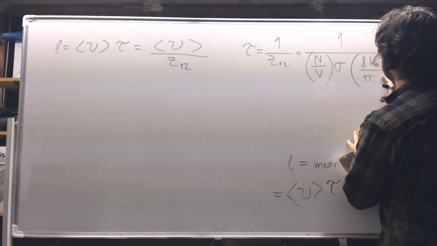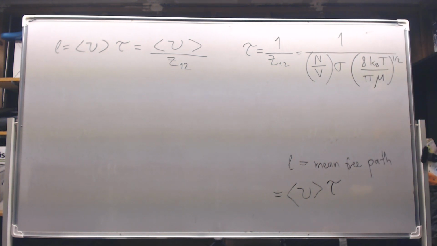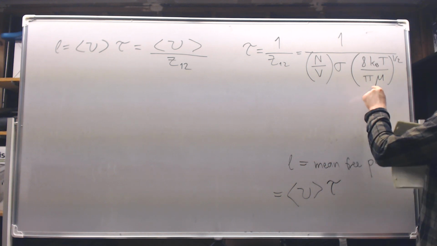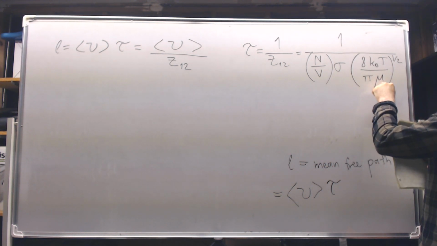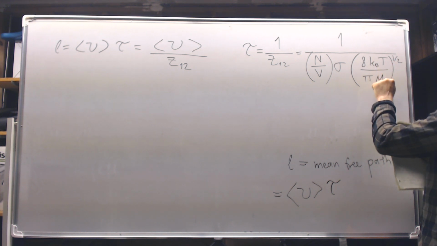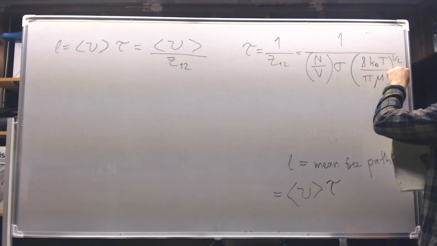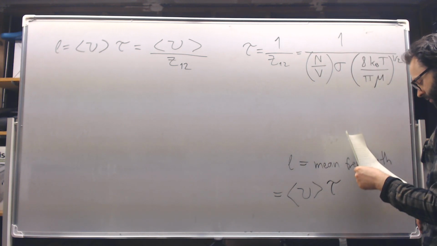I'm sorry, not pi m, pi mu, the reduced mass, to the 1/2 power. In my notes, I have this as m, and I have a square root of 2. The reason for that is that if you have particles of the same kind, mu is m over 2. You have a 1 over 2 under the square root sign, and then that gets flipped, and so there's a factor of square root of 2 that should come out.